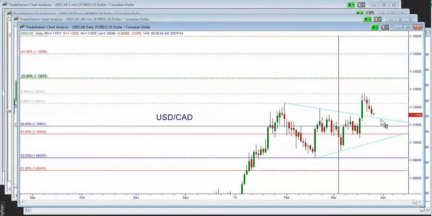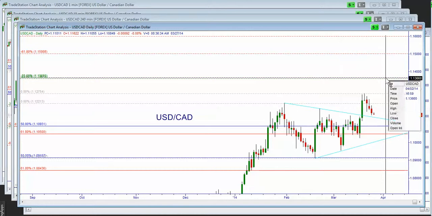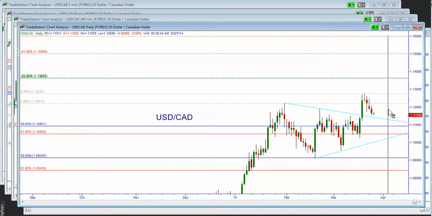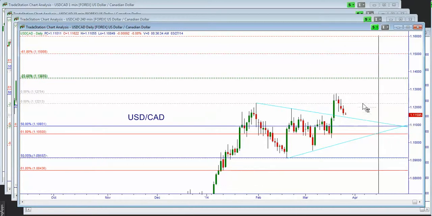So the target would be right into that first target of the larger time frame. So see how these targets line up on different time frames, and that's an additional indication that there is program trading active in all these time frames.